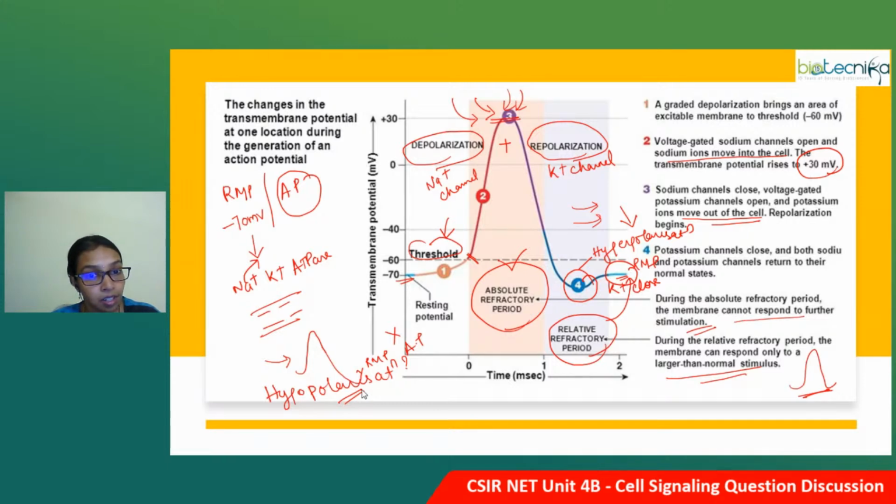Hyperpolarization is actually related to negative potential, Reshma. In that case, what should hypopolarization be? Just think the other way around, you'll get the answer.